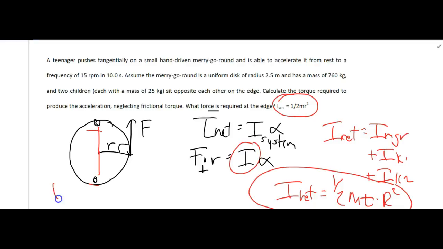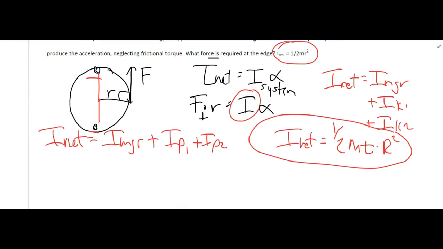So when I do an I net, I need to do I of merry-go-round like we saw, plus I of person 1 or kid 1 plus I of person 2. Okay. All right, so this is going to be half mass of merry-go-round times the radius of merry-go-round squared plus I of the person. Now the person is like a point particle because all their mass is exactly at that location.